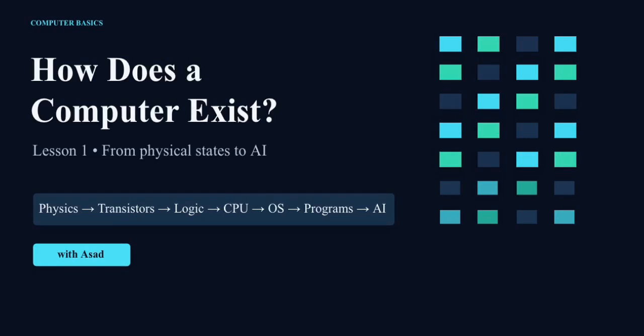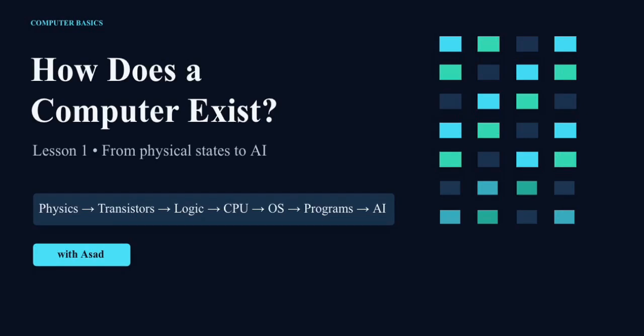A computer exists because humans just discovered how to control physical changes and represent information using those changes, combine simple operations into complex ones, store instructions, and make a machine execute those instructions. It's as simple as that.